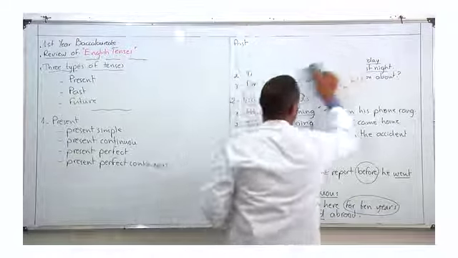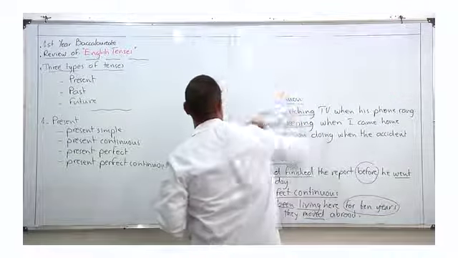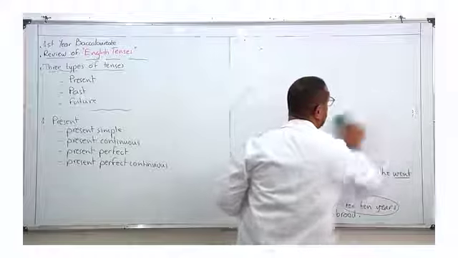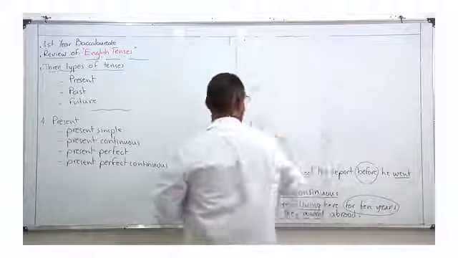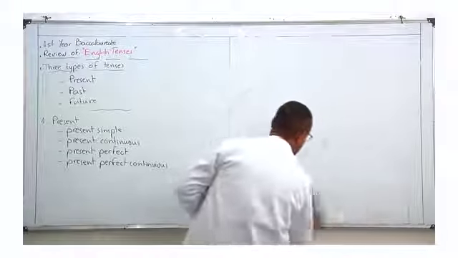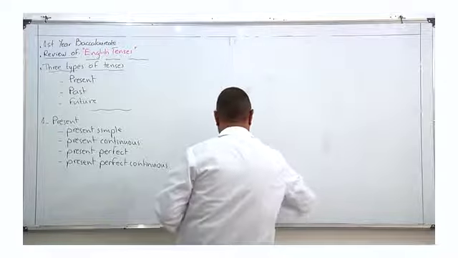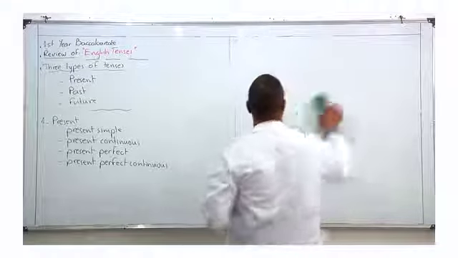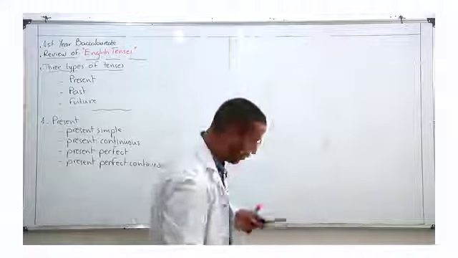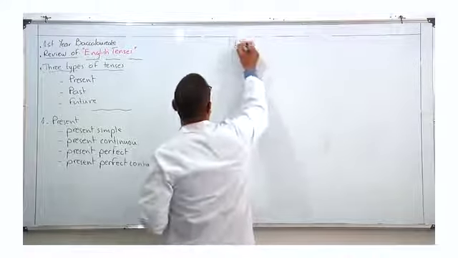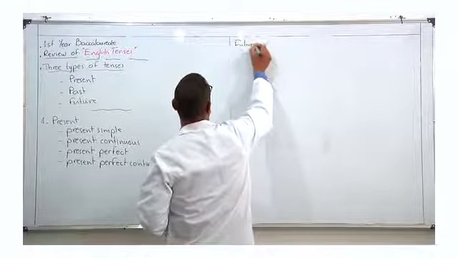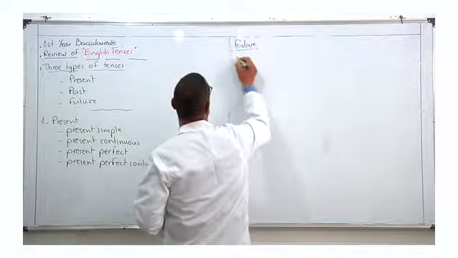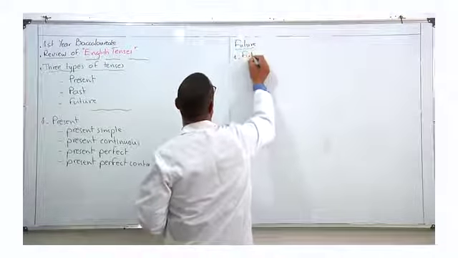Now we'll see the future. In the future, we also have 3 or 4 different types. So this is future. Number 1, future simple.